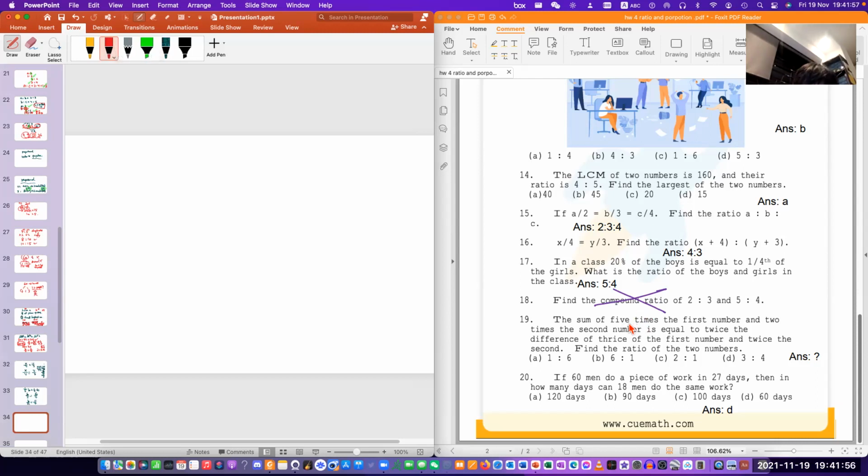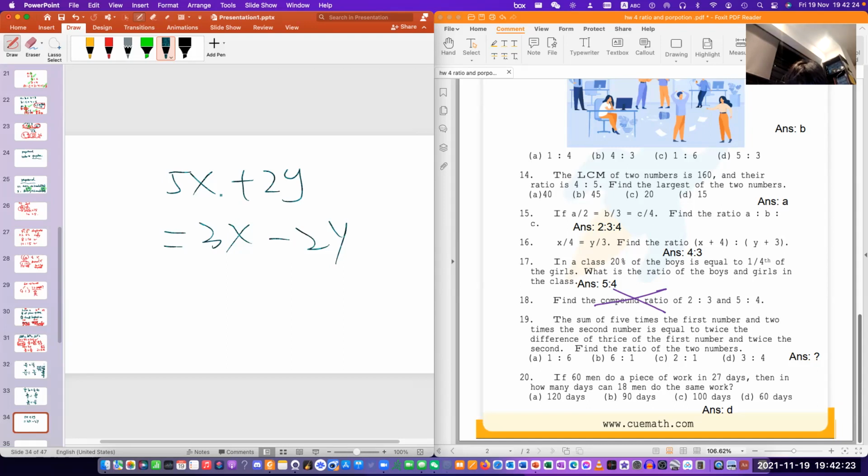But why make English hard? Why not just make the question hard? 5 times the first, sum of them, so it's 2 times the second, is equal to the difference of the twice of the first minus the twice of the second. Then they ask you to find the ratio of the two numbers.